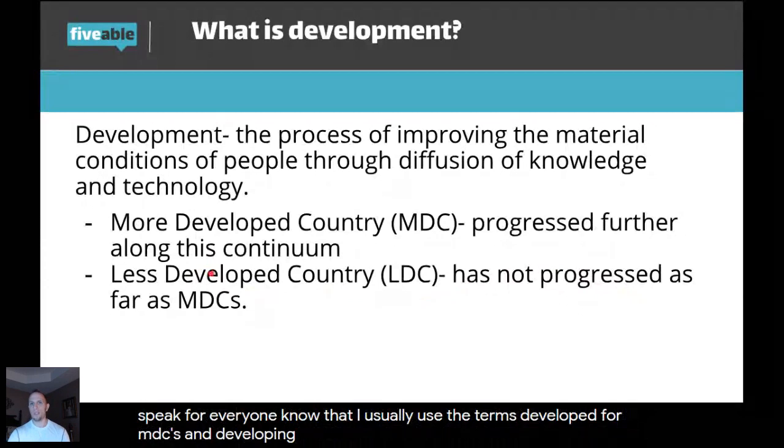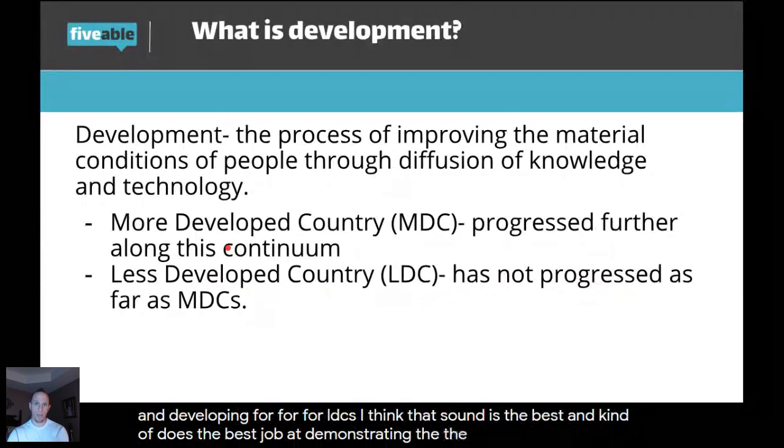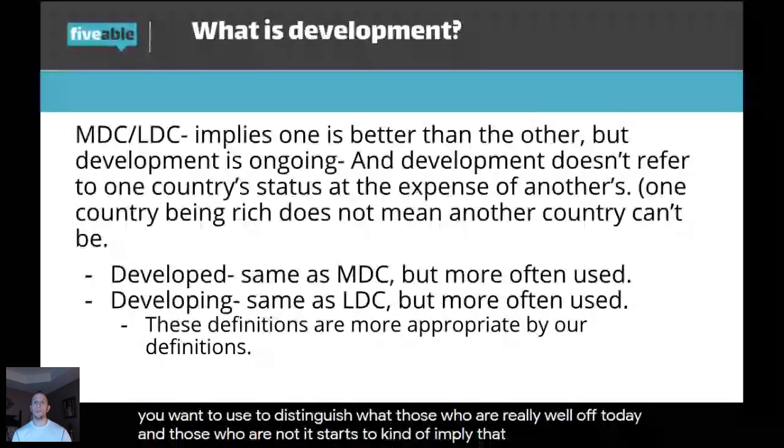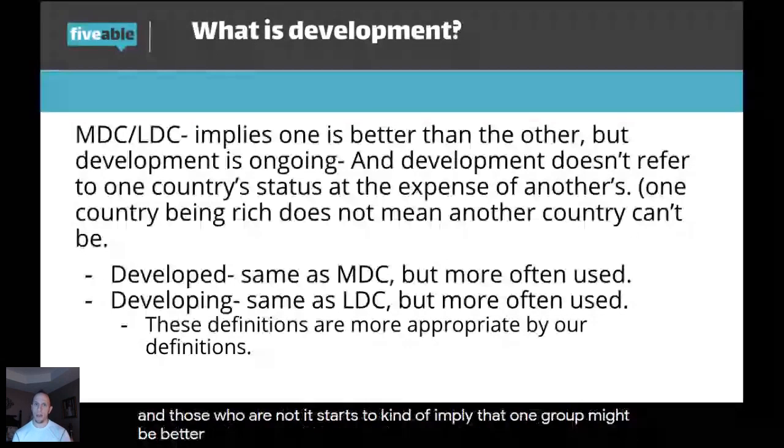I think that sounds the best and does the best job at demonstrating the implication that we mean when we say something is more or less developed. But when you use words like more or less, or whatever it is you want to use to distinguish those who are really well off today and those who are not, it starts to kind of imply that one group might be better than another, which sounds a little bit ethnocentric.